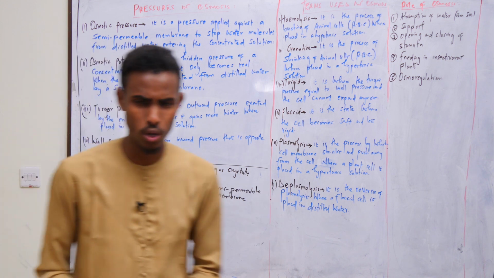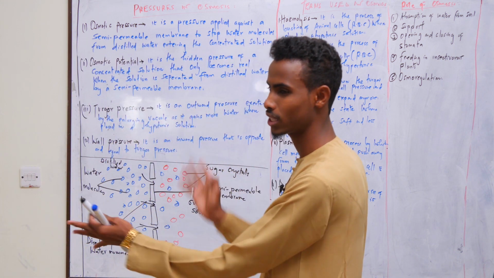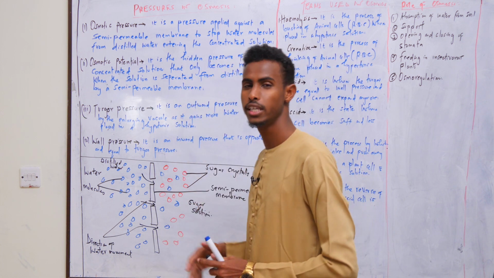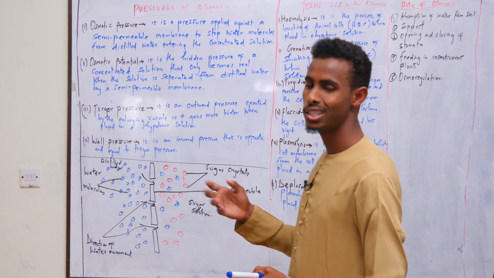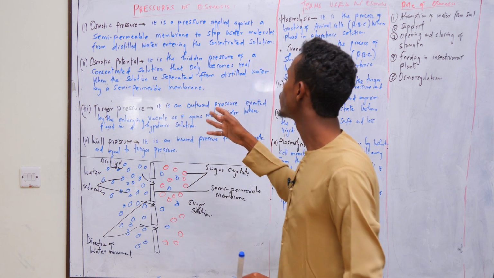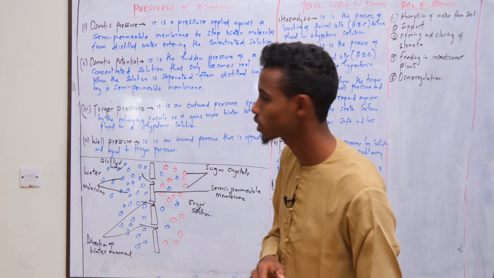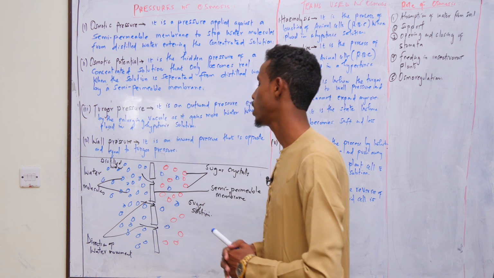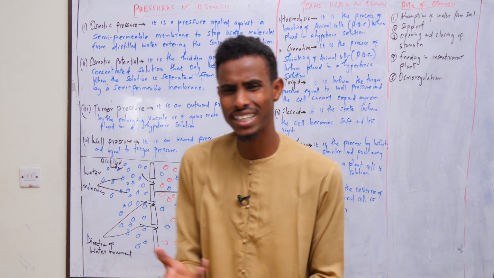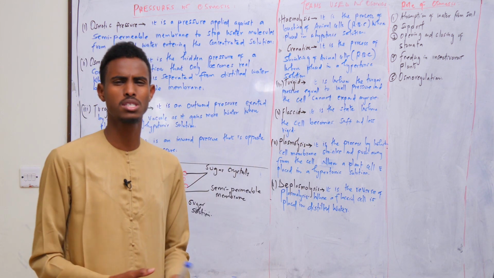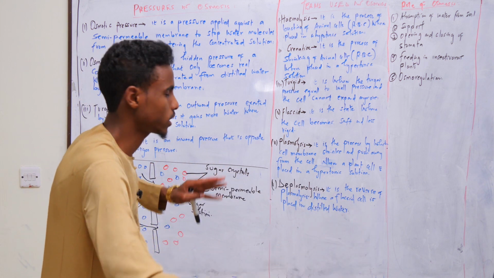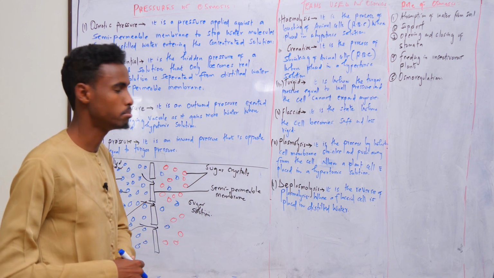And as such you say, it is the hidden pressure of a concentrated solution that only becomes real when the solution is separated from the distilled water by a semi-permeable membrane.